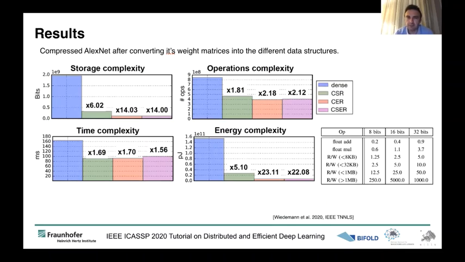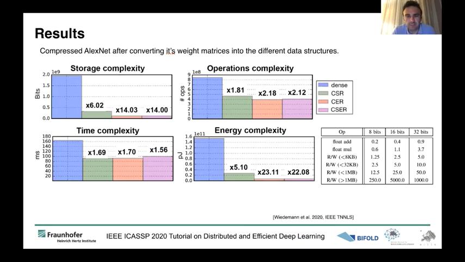And in our paper, we have also compared the storage complexity, time complexity, and energy complexity for different models, and we get some gains compared to dense. For example, for storage complexity, we get a gain of 14 times. We get 40 times more compression.